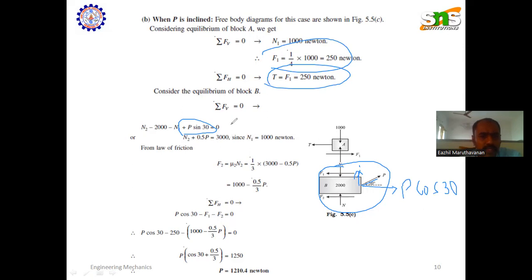Instead of F2, we can substitute the above equation and we get the P value as 1210.4 Newton, either by solving two unknowns, two equations in the quadratic form by using a calculator, or by substituting the F2 value over here. We'll get one quadratic equation, and we can get the P value as 1210.4 Newton.